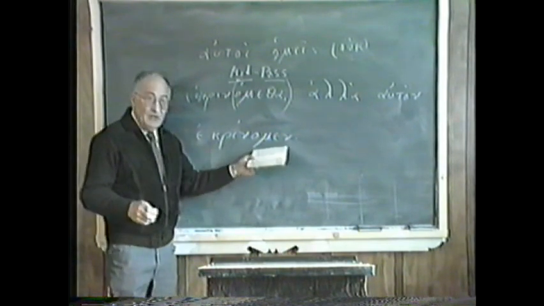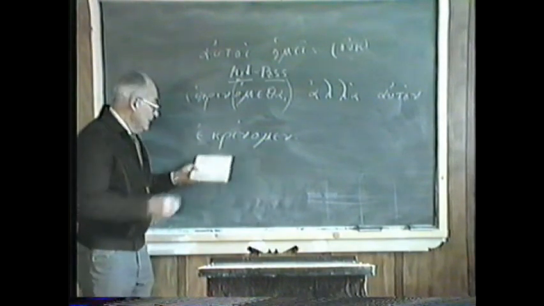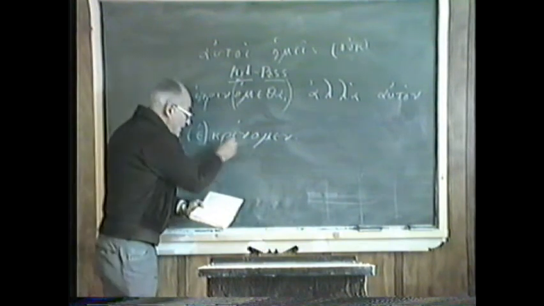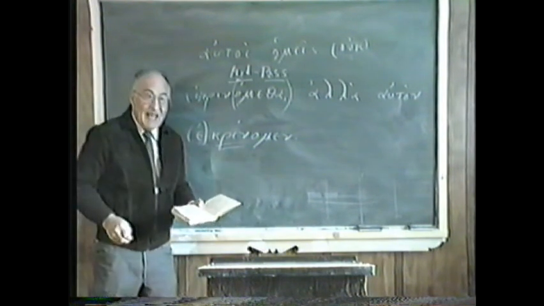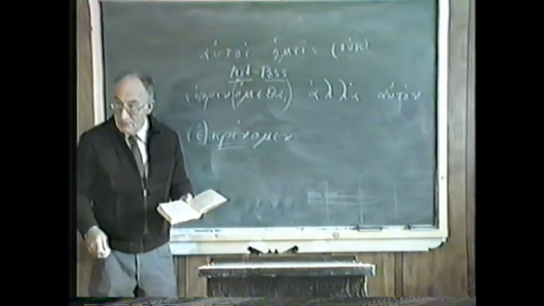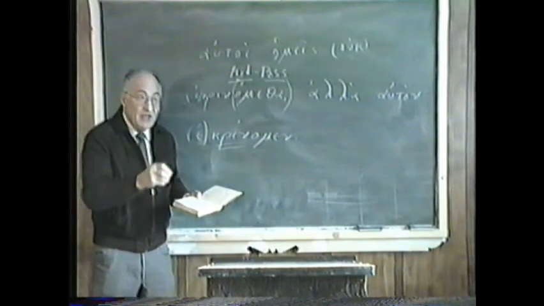First person, plural, imperfect, because it's got the augment, indicative active of the word krino. Remember we learned it. It means I judge.